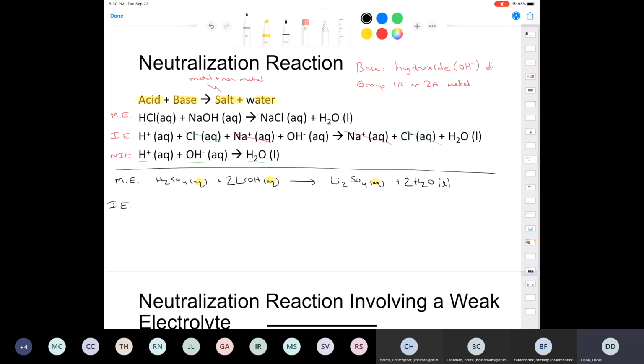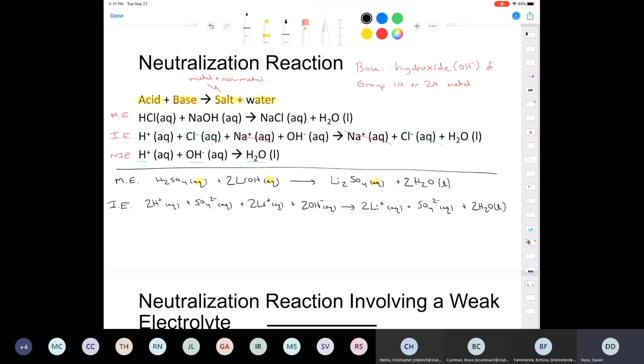Since sulfuric acid is a strong acid, we're just going to ionize the whole thing. So we're going to end up with 2 protons, and those are aqueous, plus a sulfate ion, which is aqueous. We're going to get 2 lithium cations and 2 hydroxides from our lithium hydroxide. Lithium sulfate is aqueous, so we're going to have 2 lithium cations, which are aqueous, plus a sulfate ion, which is aqueous, and then we end up with 2 moles of water, which of course is a liquid.